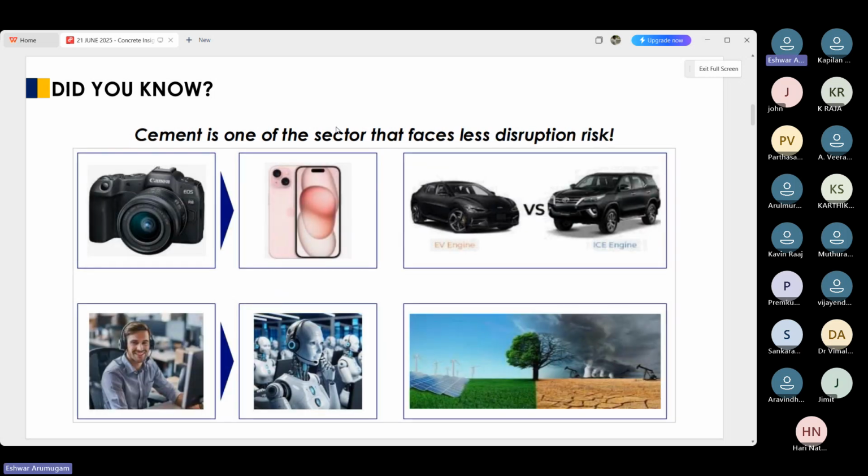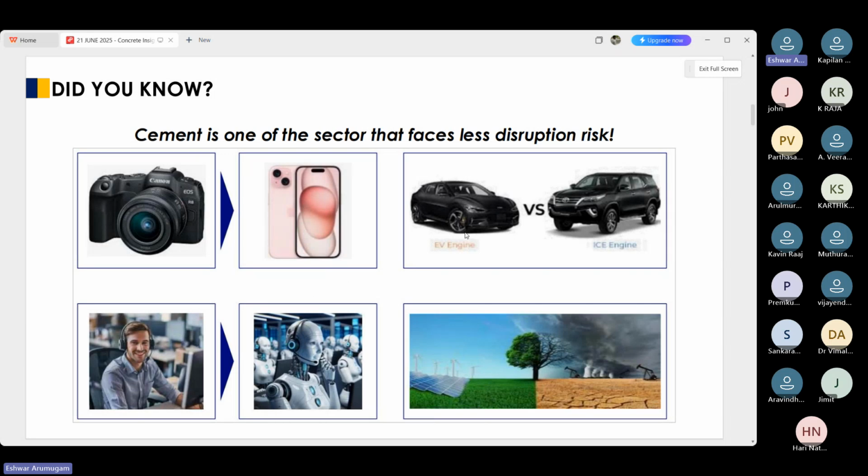So we see here that cement is one of the sectors that faces very little disruption risk. Now, the DSLR camera has been disrupted by modern camera phones. They are able to shoot even feature films on an iPhone these days. The support staff in various companies have been replaced by AI robots.